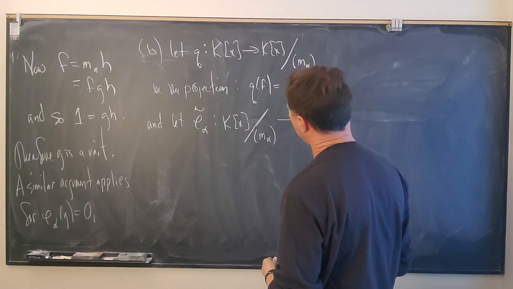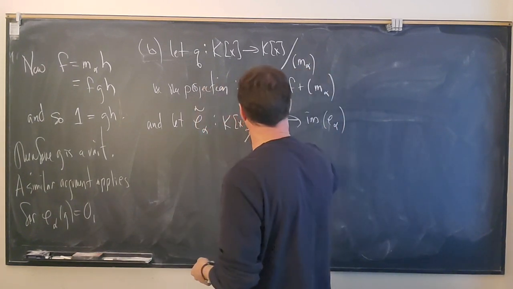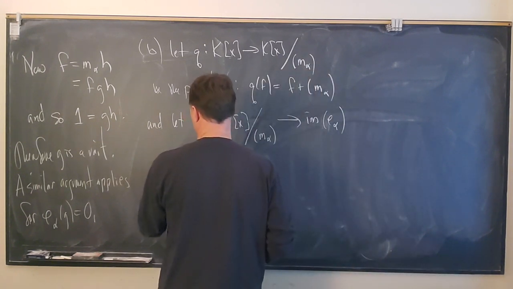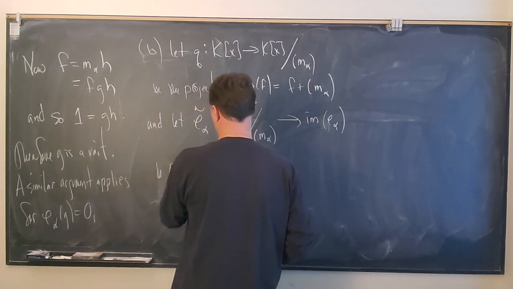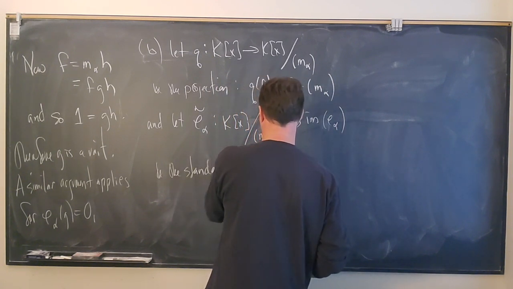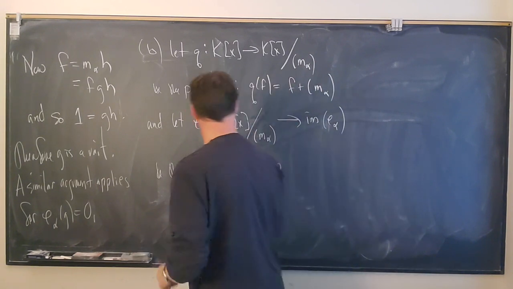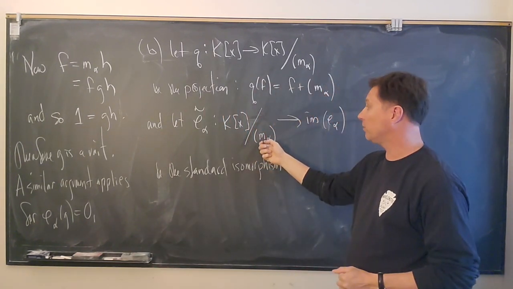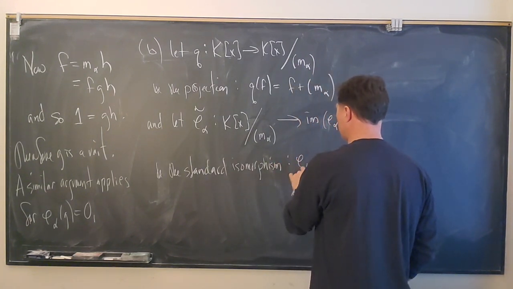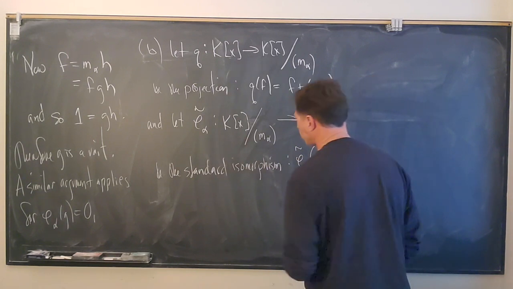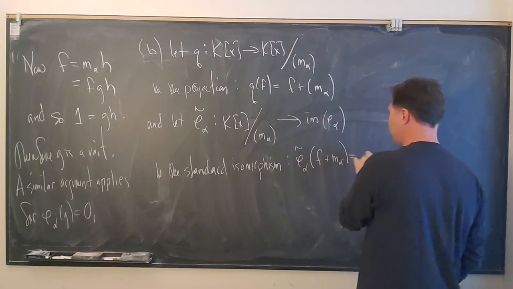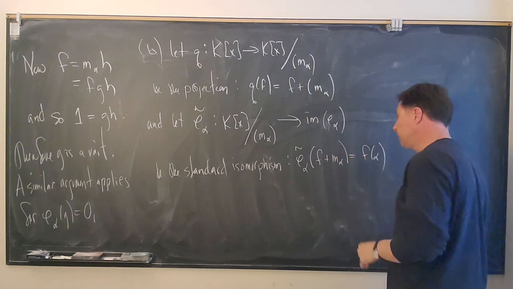This is going to be the standard isomorphism that you get when you apply the first isomorphism theorem. Remember, this is the kernel of E sub alpha, and so this is the standard isomorphism. So what would that do? E sub alpha tilde of f plus the ideal generated by m sub alpha is equal to f of alpha.